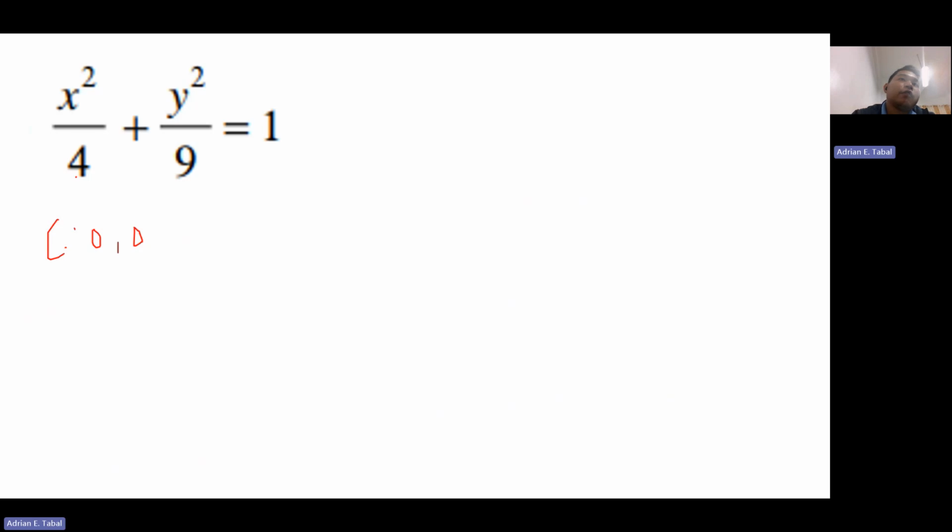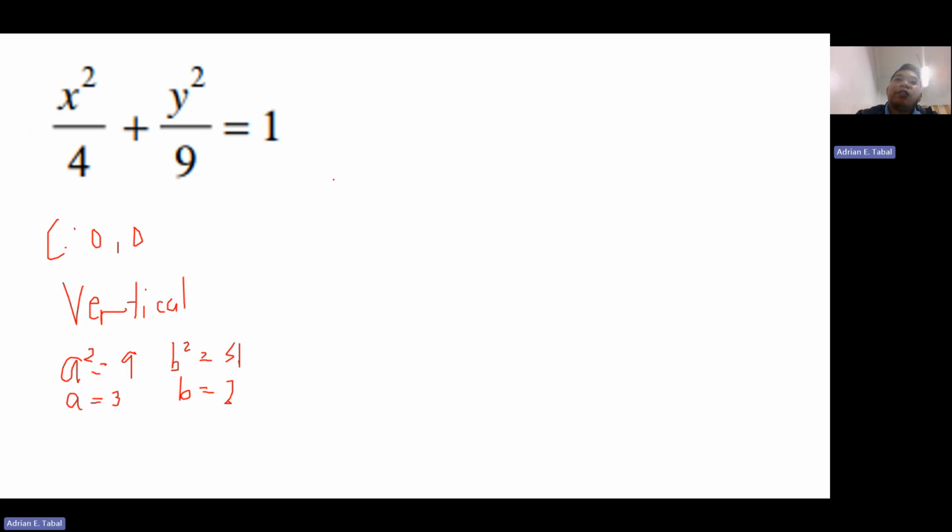Since the number below x is smaller than 9, so this is a vertical graph. So our a squared is equals to 9, so a equals 3. Then we also have b squared, which is 4. B is equals to 2.